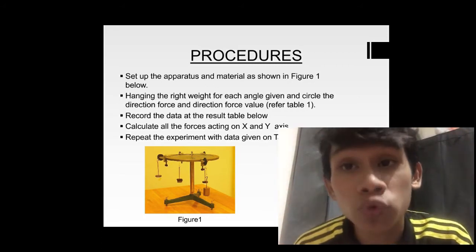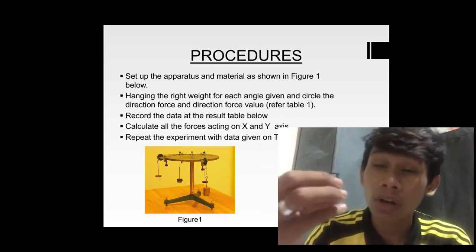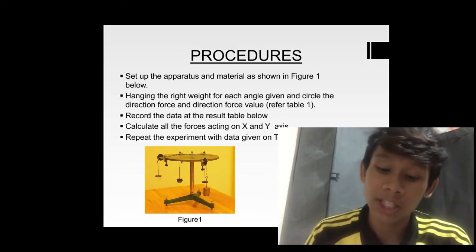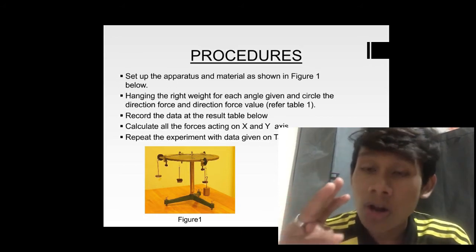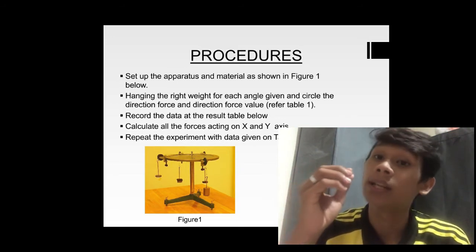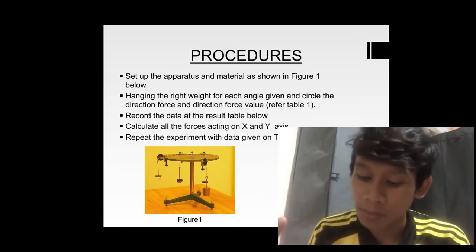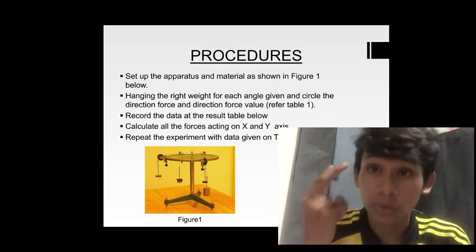Step 3 is to record the data in the result table below. Step 4 is to calculate all the forces acting on the X and Y axes. And lastly, step 5 is to repeat the experiment with the data given in table 2.